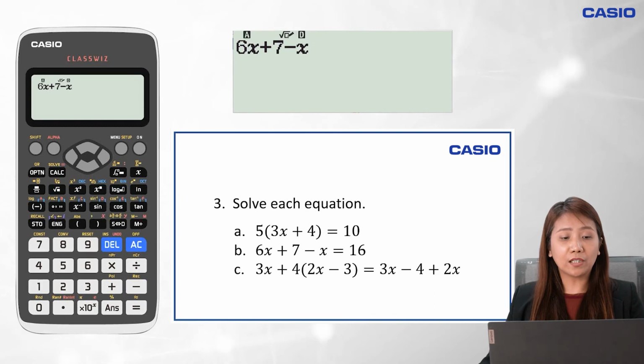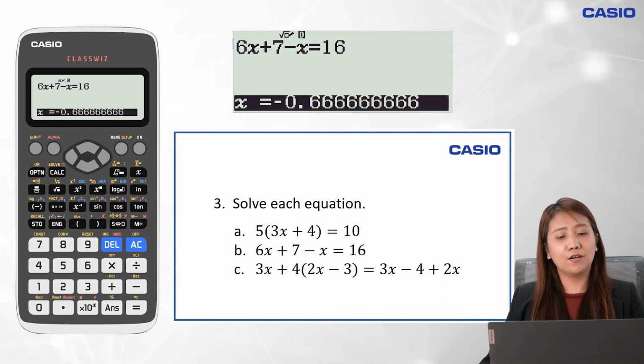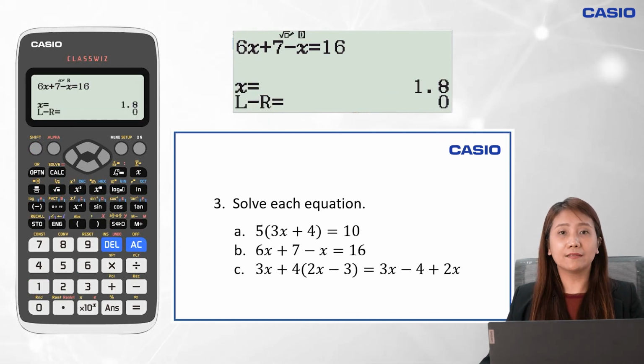We click on alpha calc for the equal sign, and we input the second side of the equation, which is 16. We press shift calc, followed by an equal sign, which will give us a value of x equal to 1.8. So the solution of the second equation is 1.8.